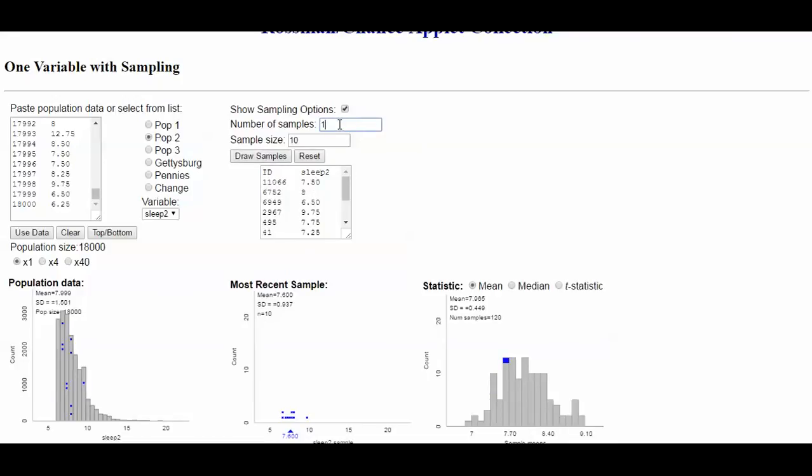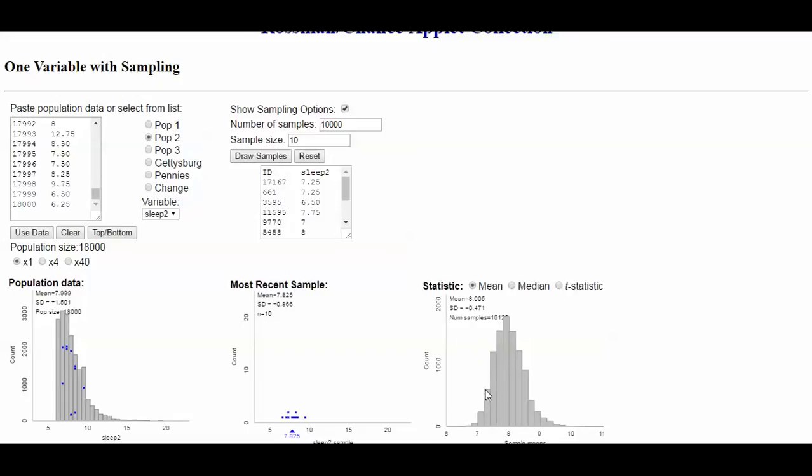Now I'll try to take 10,000, just like I did before. So there's going to be 10,000 sample means in the distribution. It just takes it a second because it's calculating the means of so many samples.